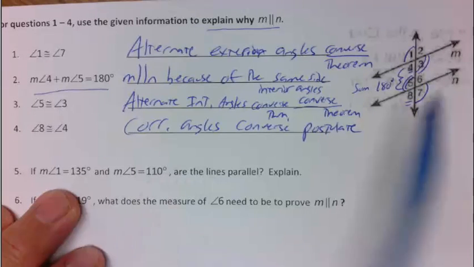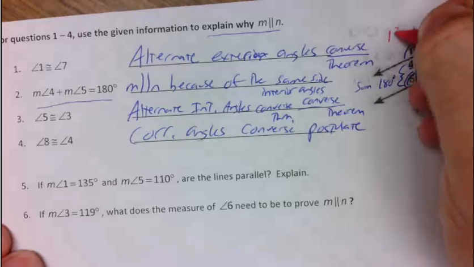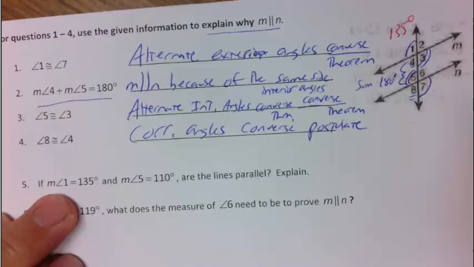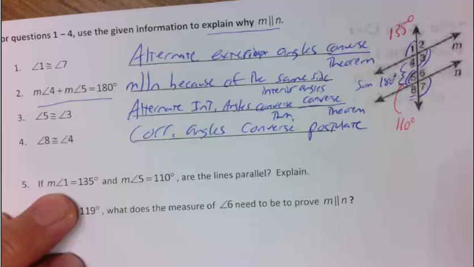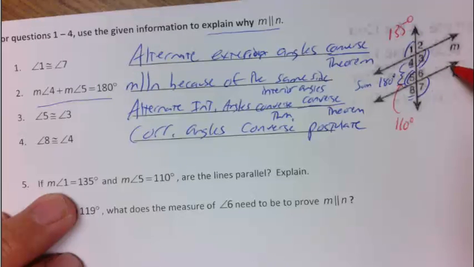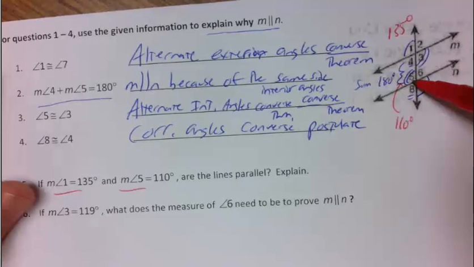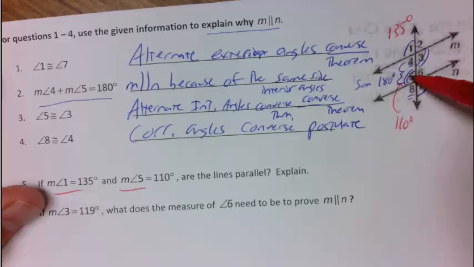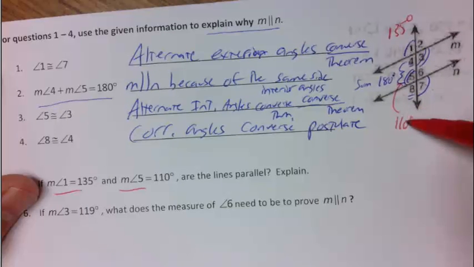If angle 1 is 135, here, let me use a different color. If angle 1, let's just say, is 135, and then angle 5 is 110, well, then is that enough to get these two lines to be parallel? Well, hopefully you realize 1 and 5, the angles that they're giving us, are in corresponding positions, right? 1 is in the top left corner, 5 is in the top left corner, but the angles aren't the same measure.